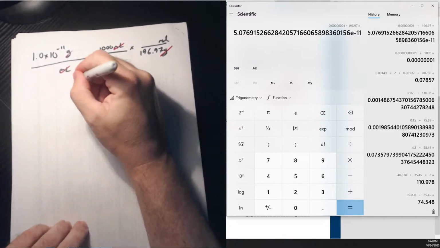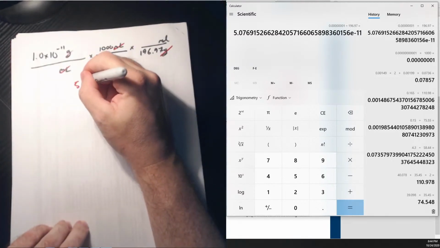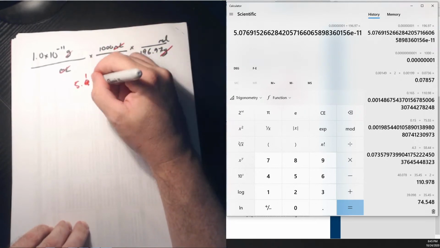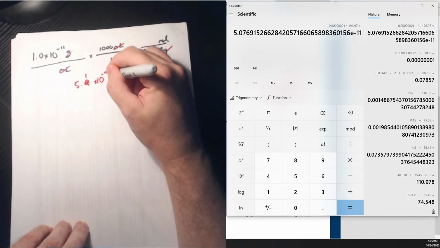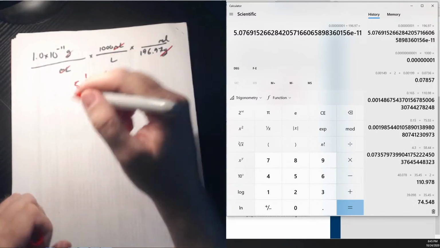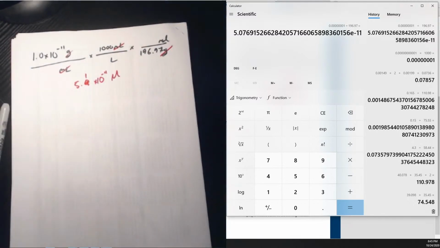And that is 5.0, well, technically 5.1, they only gave us 2 sig figs, times 10 to the negative 11th molar. Yes, there is gold in salt and ocean water, but such a small amount that it's really not worth trying to get it out of there.